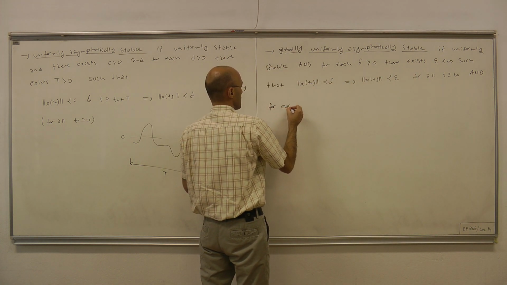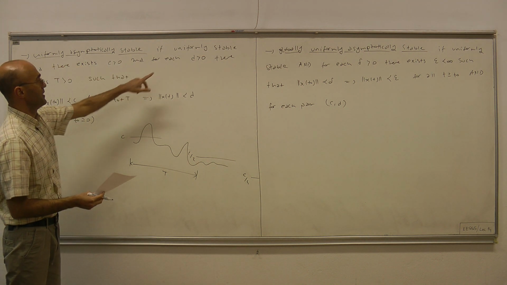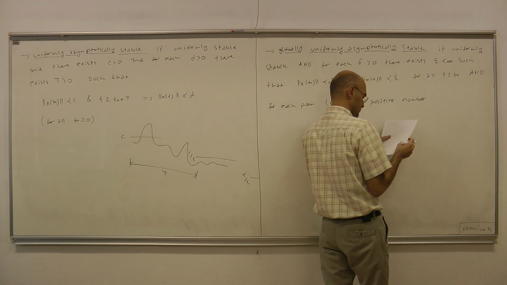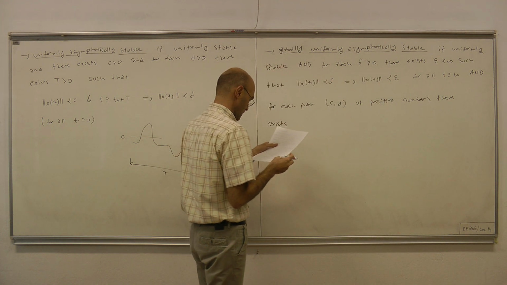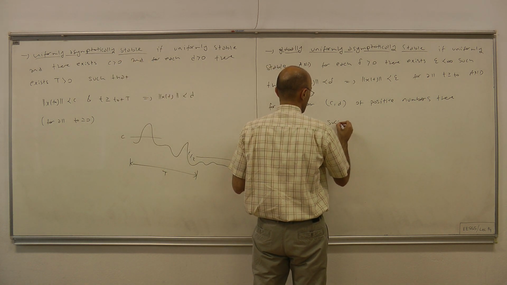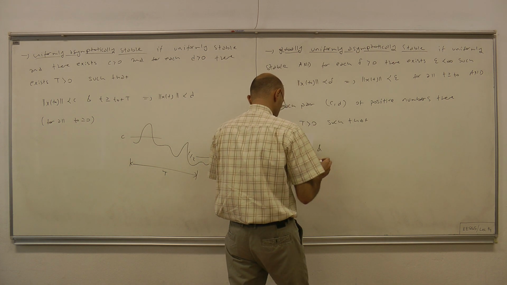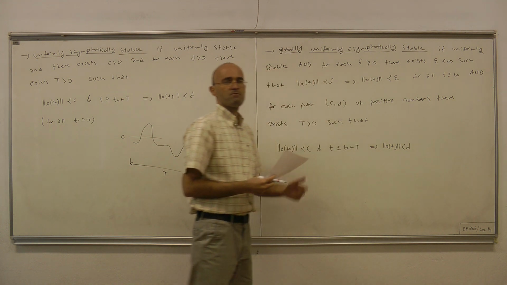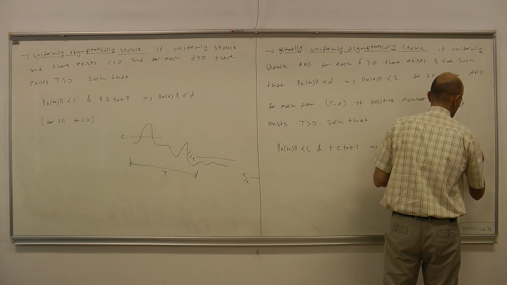Okay, and for each pair c, d, like the pair here, c and d, positive numbers, there exists a fixed time T, independent of t0, such that norm of x(t0) less than c and t greater than or equal to t0 plus T implies norm of solution is less than d for all t greater than or equal to t0.